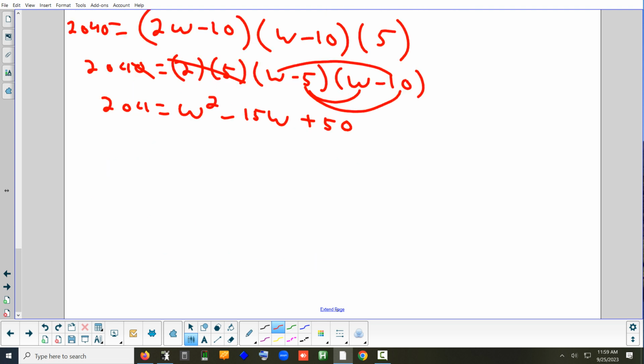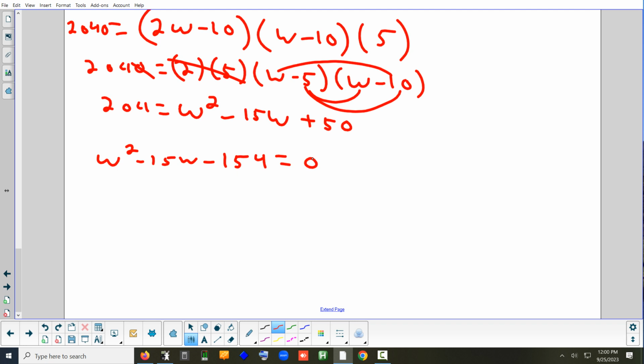So now we've turned this into a quadratic that we could set equal to 0. So W squared minus 15W minus 154 equals 0. And that does factor.